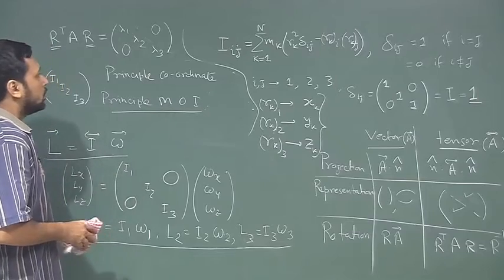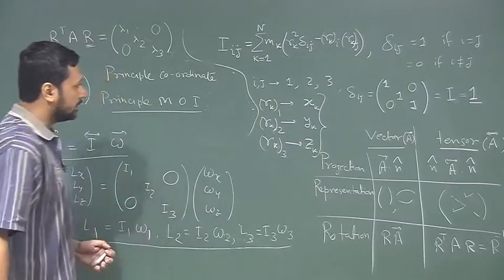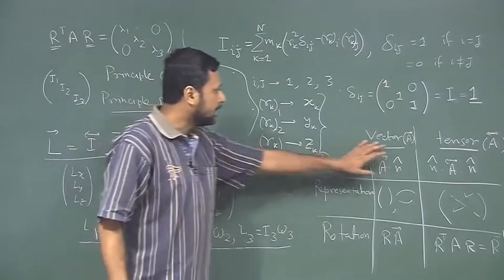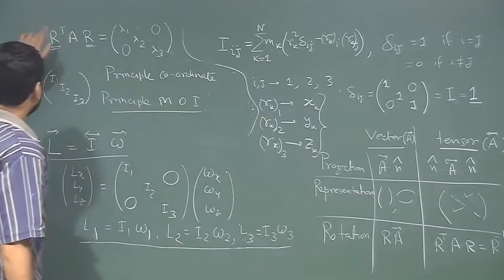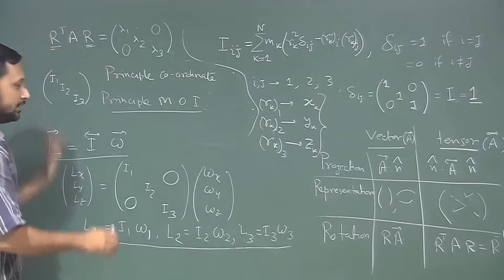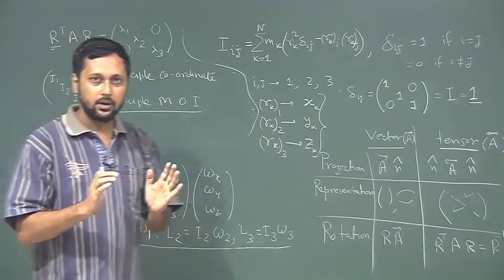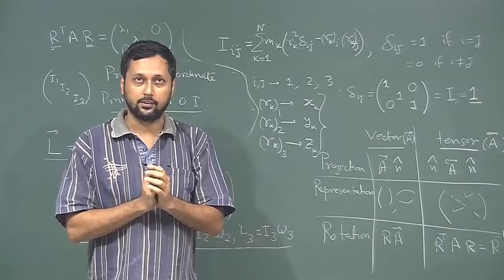Now, let us deviate slightly from this discussion of vectors and tensors. These are the things we need to keep in mind, and one more thing: this rotational matrix we have derived here is nothing but the combination of the orthonormal eigenvectors.